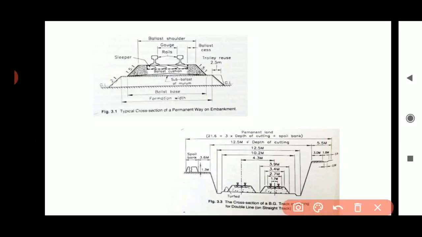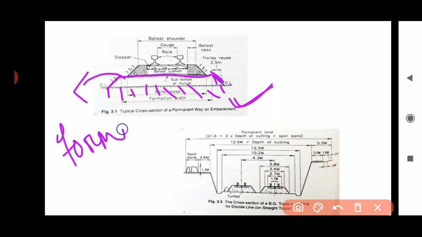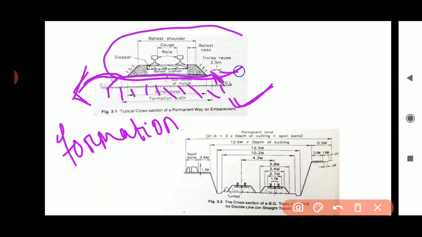So here you can see this is the natural ground, and we prepared the formation above this natural ground. This is the formation. As this formation is above the natural ground, this is known as the embankment, and above this formation we provide the railway track.